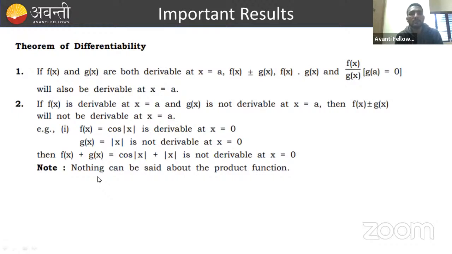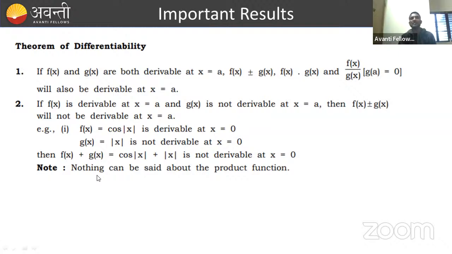There are some theorems that we already saw: if both functions are differentiable, then the sum and difference of both the functions, or the product or division of both the functions, will also be differentiable. If one function is differentiable and the other one is not differentiable, then the sum or difference will not be differentiable.